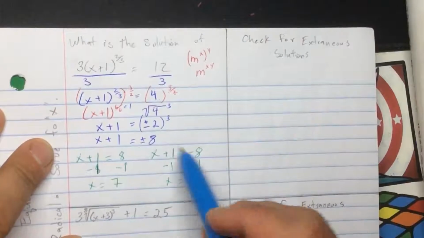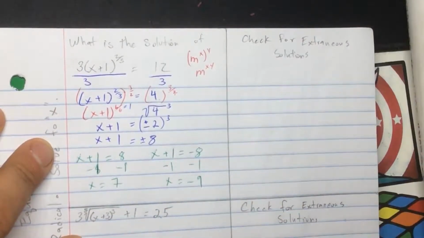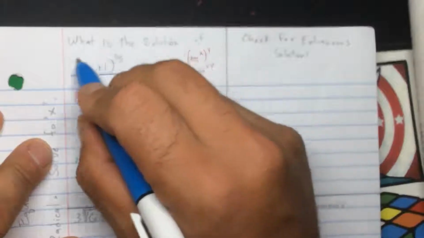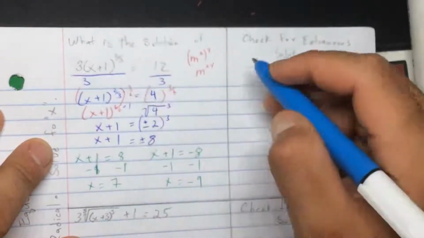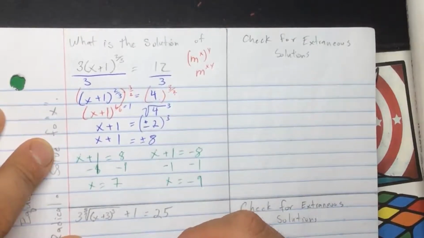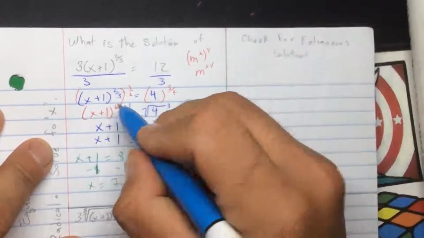So now all we're going to do is check for extraneous solutions. We have 2 solutions to check for in this one, so we're going to squeeze this in over here. I'll do the first one in black. So we have our original equation here. I probably should have rewritten it; it would have been easier to solve the other way, but that's fine.